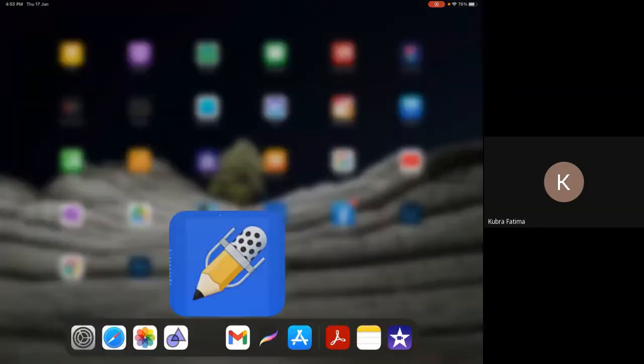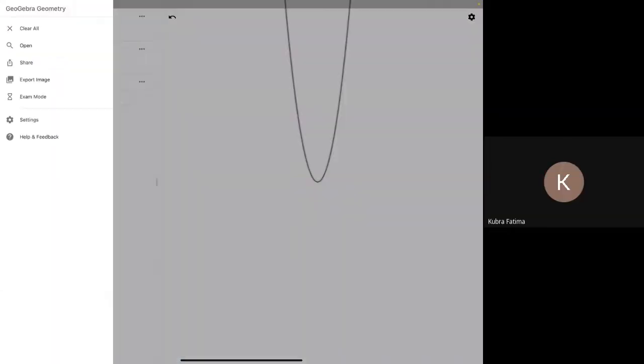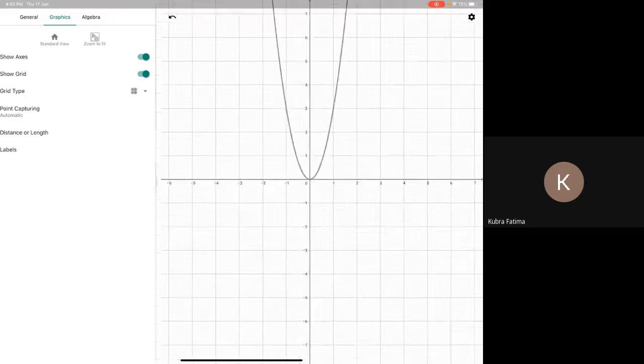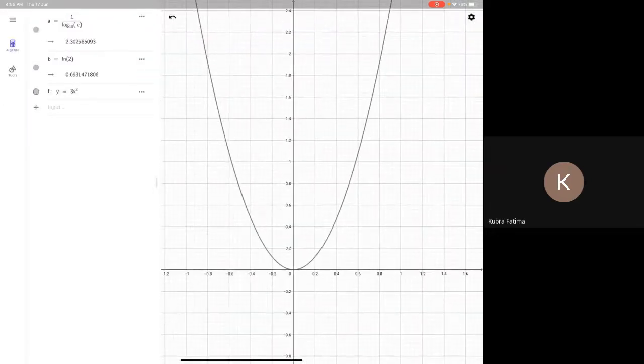So basically, if you have the graph, what is the graph? y equals 3x square, right? Yes, sir. This is the graph of y equals 3x square.